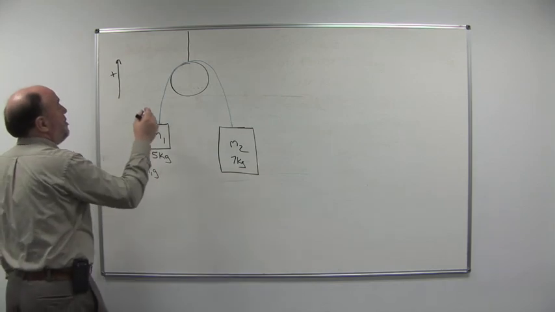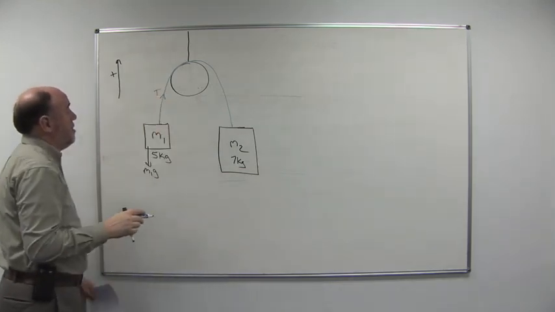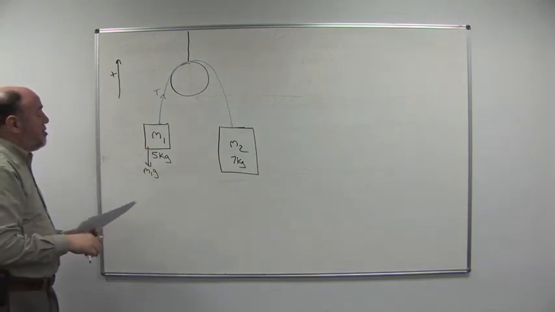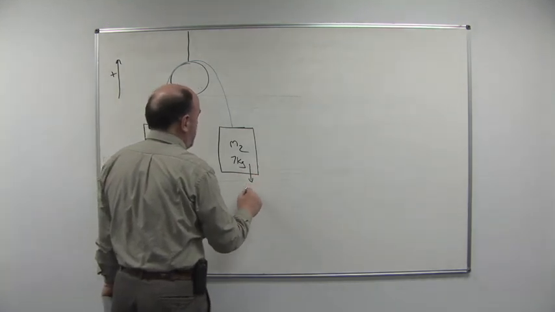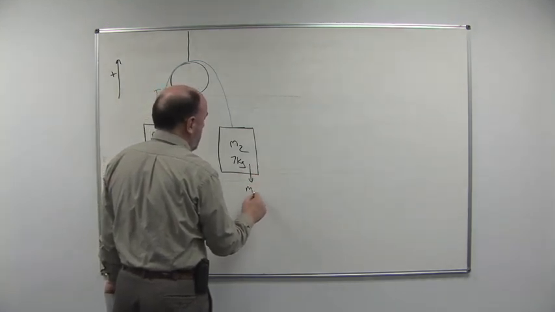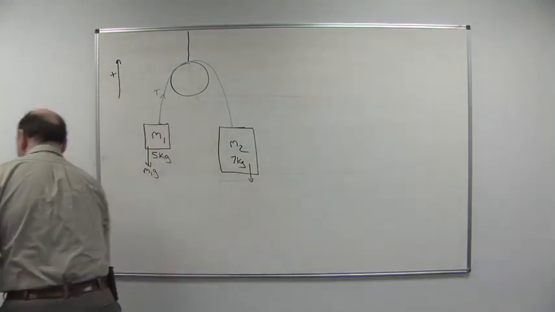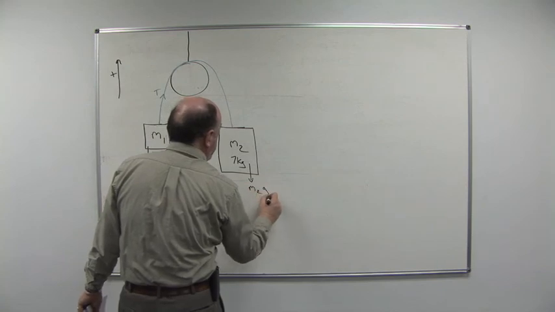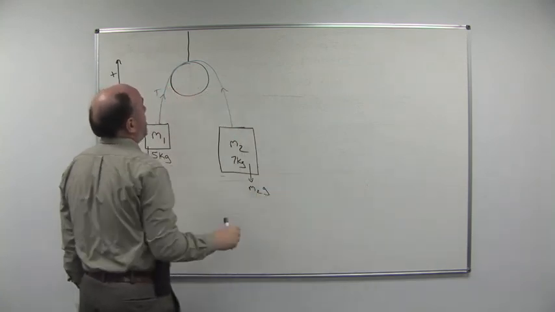And then there's going to be the tension in my wire up. In terms of block number 2, there's going to be the weight of this downwards, M2G. So this will be M2 times G. And then there's also this tension in the wire, which is acting that direction.